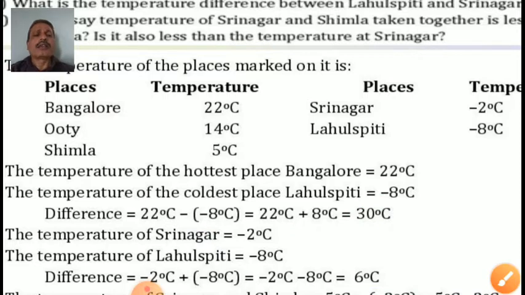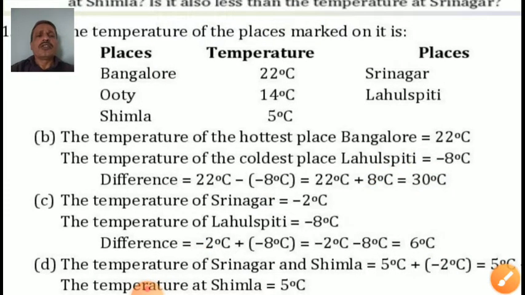Look at C. The temperature of Srinagar is how much? Yes, minus 2 degrees centigrade. Students, be careful. Whatever they ask us, we have to write the plus or minus sign. Now, the temperature of Lahul Spiti, yes, that's minus 8 degrees centigrade.